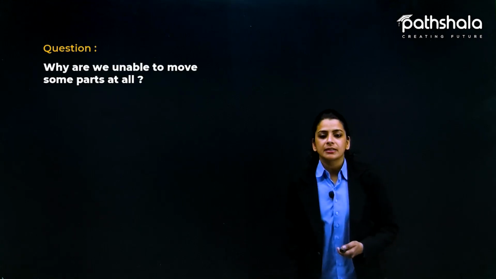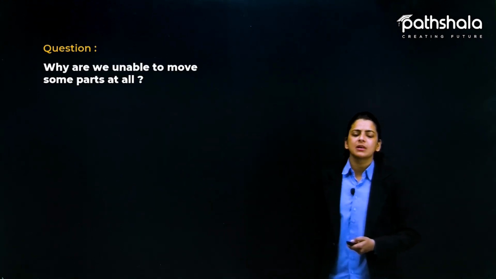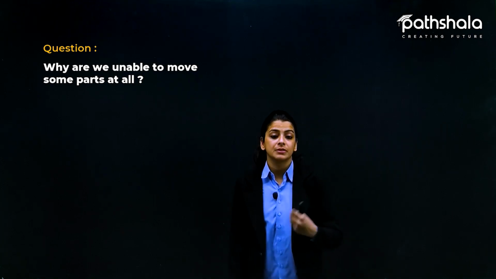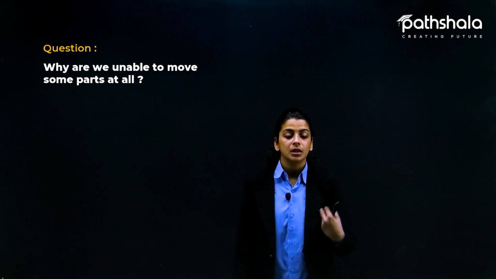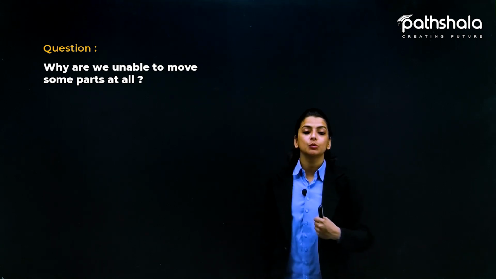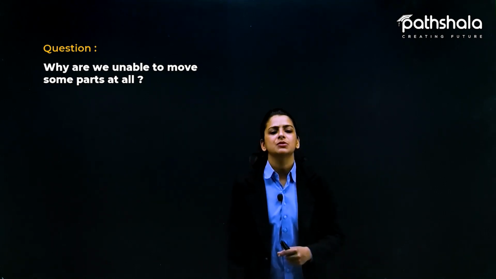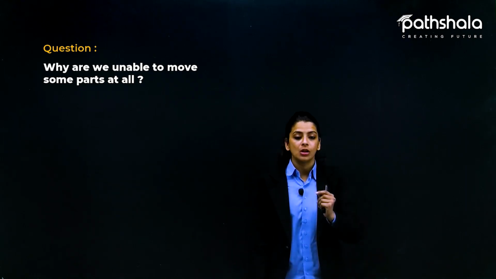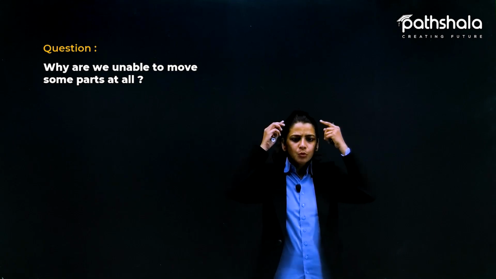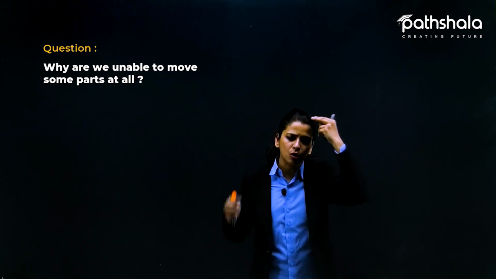And our next question is, why are we unable to move some parts at all? We have seen that we were able to move several parts, for example neck, shoulder, knee, elbow. So these parts we were able to move, but there are also some parts which we are not able to move at all. For example, look at our skull, brain. Can you move even a slightest part of your skull?